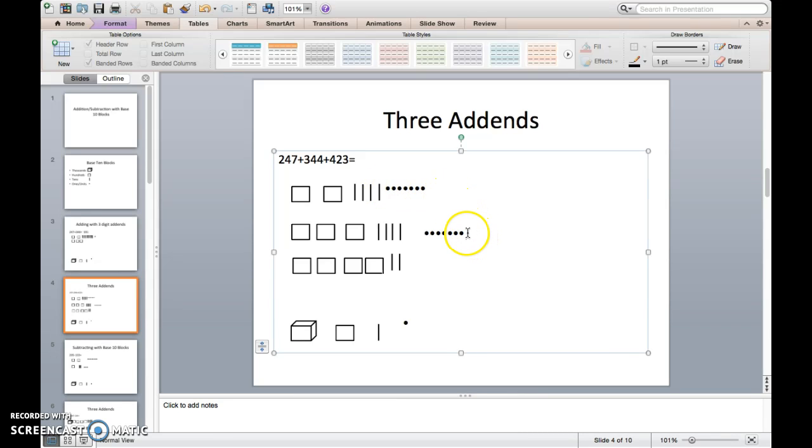So 7 and 7. I will take 3 from here, add them here.